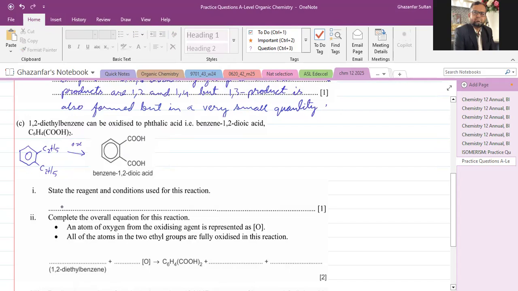And in this oxidation reaction, we use hot alkaline potassium manganate(VII).